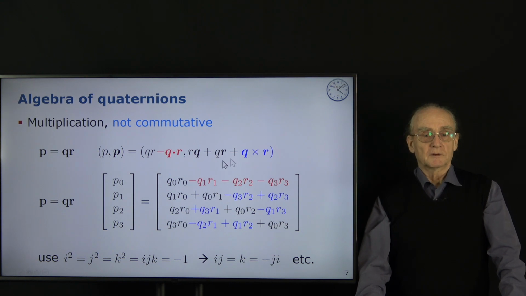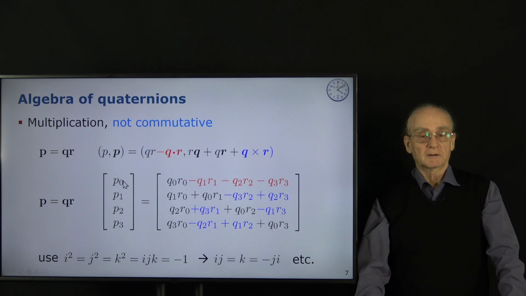Now, what does that mean if we write this down in vectors? So we have here the resulting 4-vector, and the result of each individual element is written down in this vector explicitly. So the first part is the product of the two scalars. So this corresponds to this one.